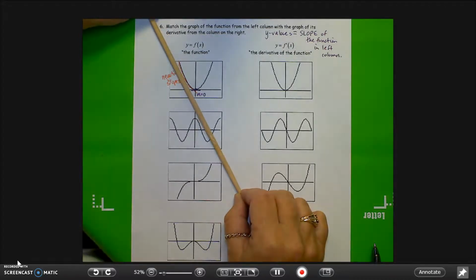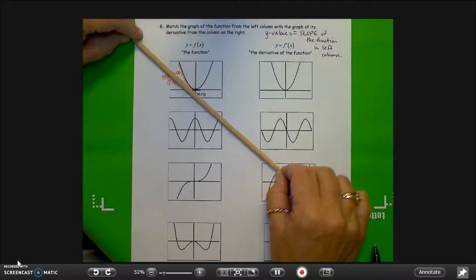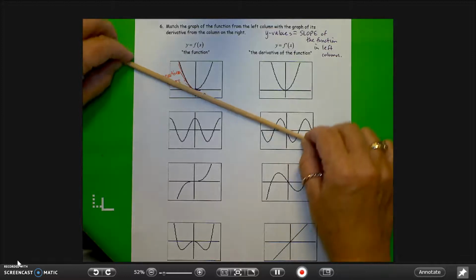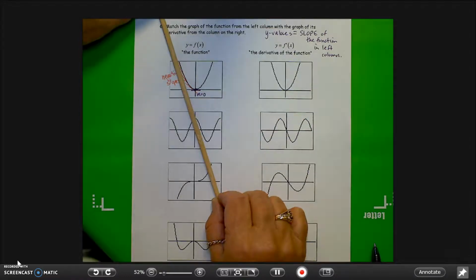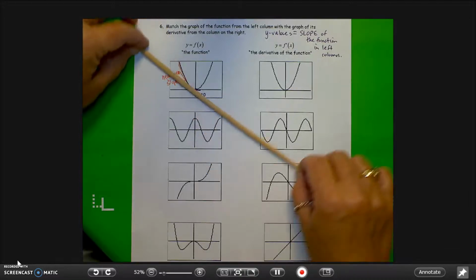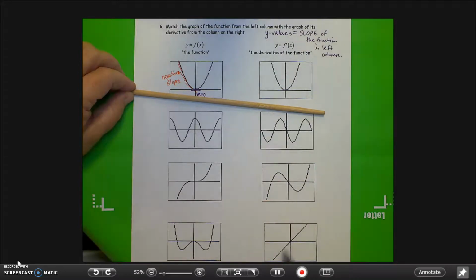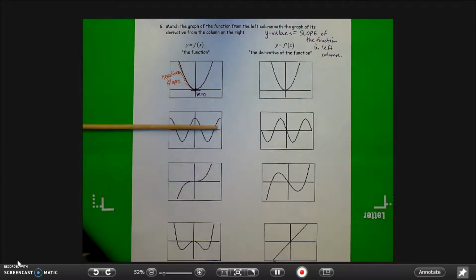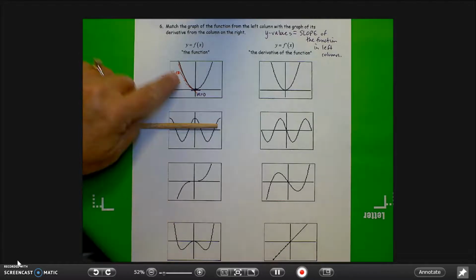And as I move the tangent line further along, as I'm getting closer and closer to the origin, that is getting less and less negative. Okay? So it starts out pretty negative and gets less and less negative as I move toward the origin. And you can see that same thing happening right here. Remember, these are the slope values, so I start very negative, and then my slope values get less and less negative as they get closer and closer to 0. So those two parts match up.